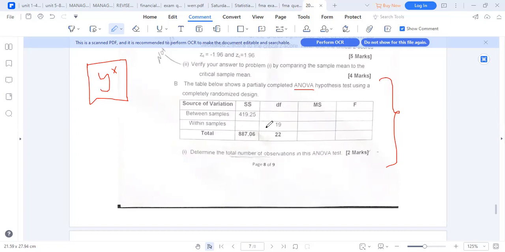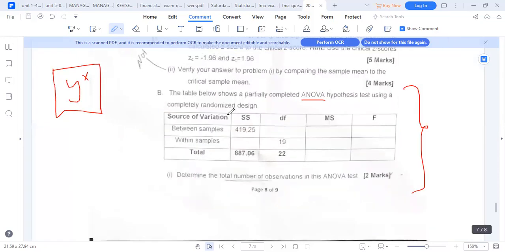Subtract for me. 467.81 on within samples. 467 point what? 81. So this is a what? Sum of square what? Within.